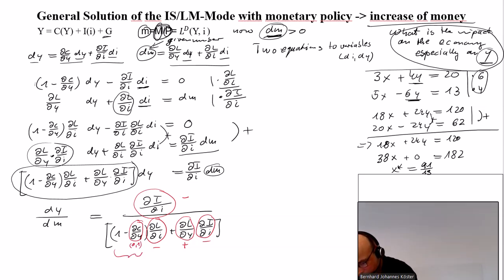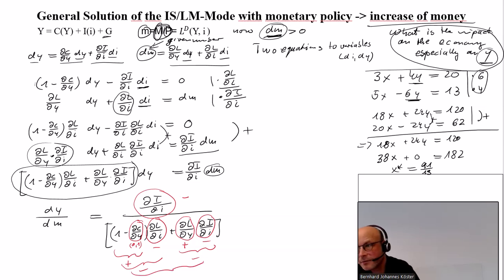So overall, 1 minus a positive number between 0 and 1 is a positive number. So a positive times a negative number is negative. A positive times a negative number is negative.